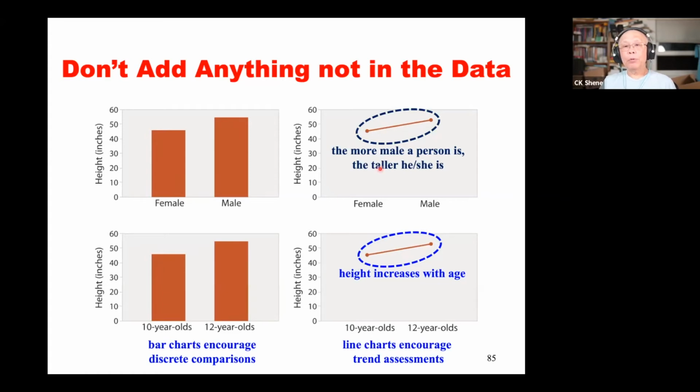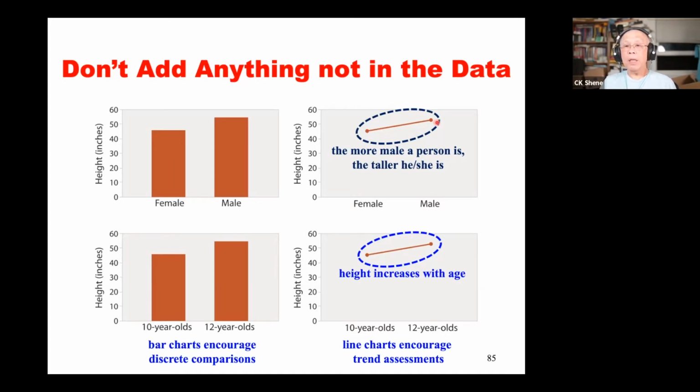Now, if you convert it to a line chart, so that female has this height, male has this height. You use a line chart. You may feel that something is wrong. Yes, if you have that feeling, you are good. Because when you draw a line chart, it has a natural trend indicating going in this way.